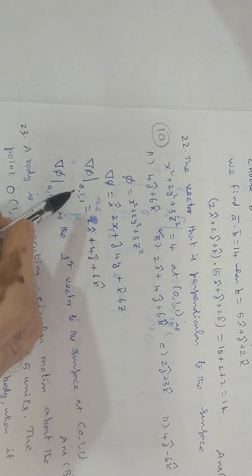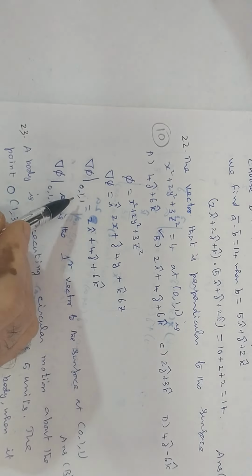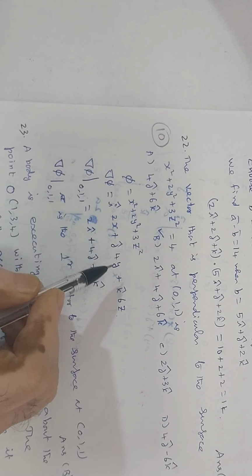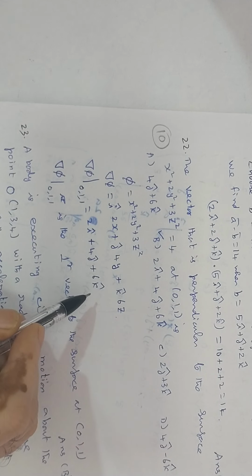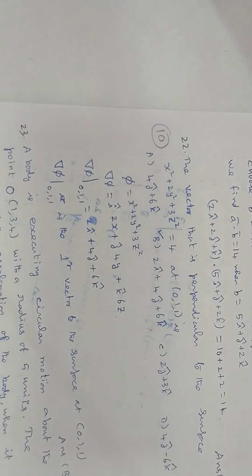Then you substitute x is equal to 0, y is equal to 1, z is equal to 1 to get the gradient at this point. The gradient at the point is perpendicular to the surface at the point 0, 1, 1. So here option B is the correct one.